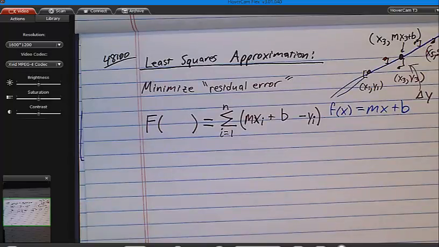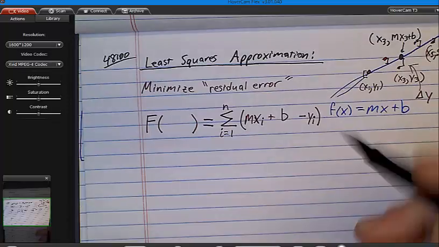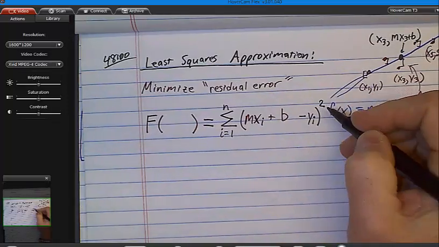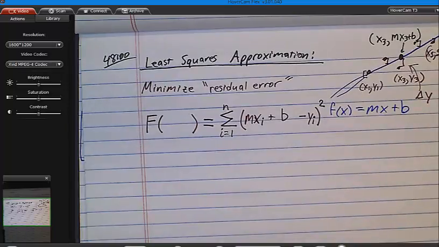And so there's different options you could do, but what mathematicians or statisticians do is they say, okay, instead of just adding these up, let's square them so that you'll always be adding non-negative numbers. I mean, I guess in the best case, you might add a 0 if it goes right through the point. But in general, what you're going to do is you're going to add. Is this okay? All right.